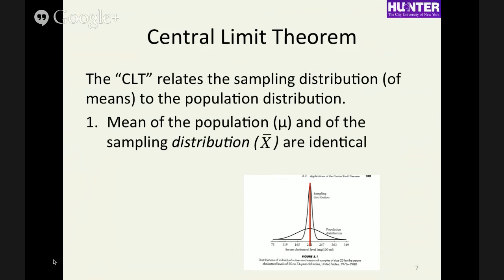And if we took many, many samples, the mean of those samples would be identical to the mean of the population. So if we have a few samples, that mean is approximately the same. If we have many samples, so that we have the entire sampling distribution, they're identical, right? Yes?